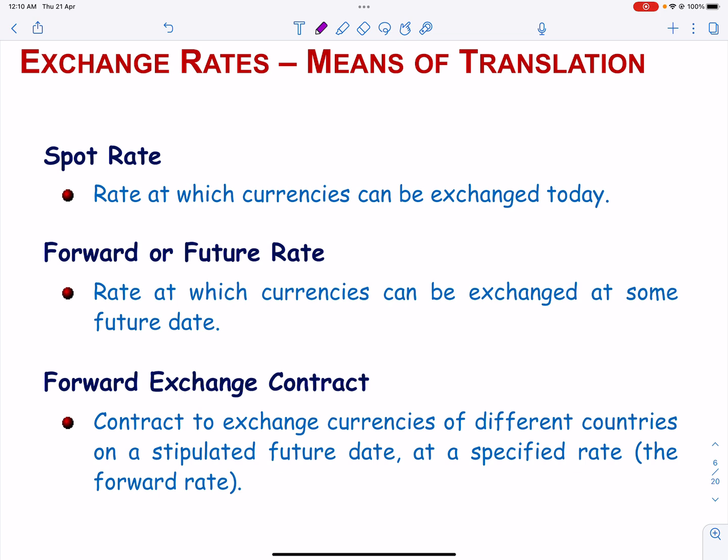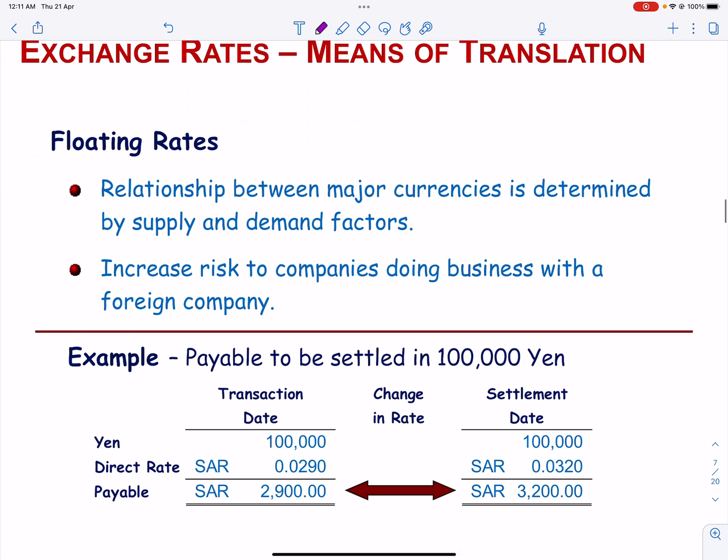So the firm locks at an agreed rate today, and this rate is guaranteed for the date of payment. So in a forward exchange contract, we agree to exchange currencies on an agreed future date at a specified rate. Yet another terminology we need to know is floating rate. Let us talk about it in the next slide.